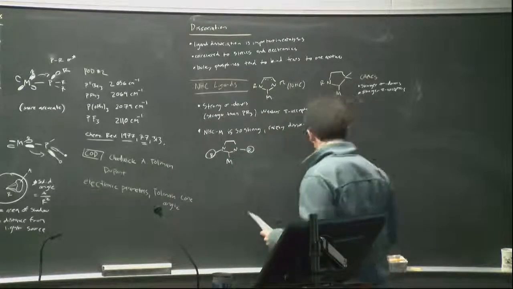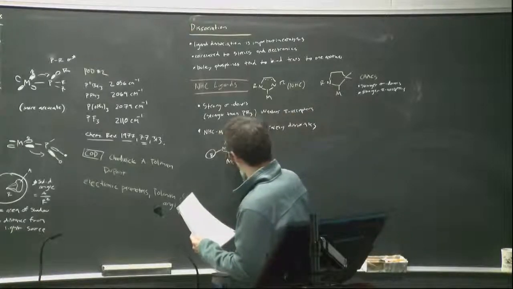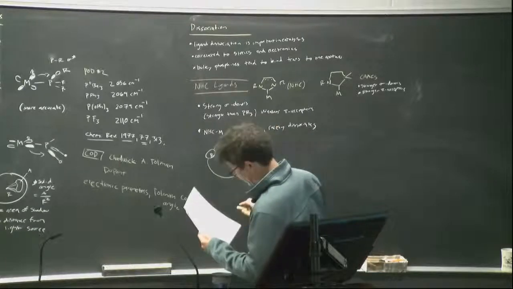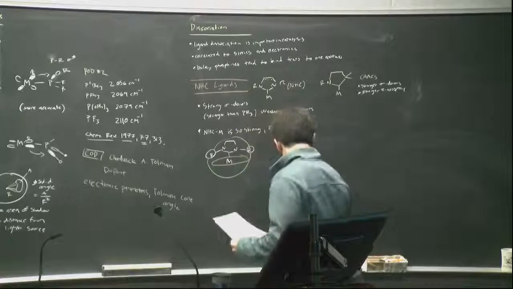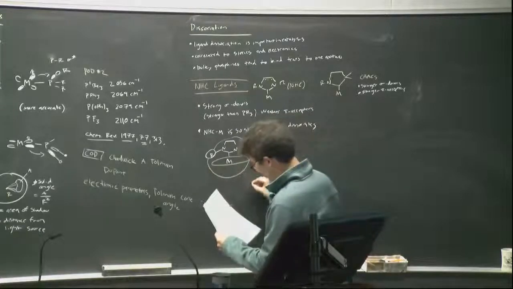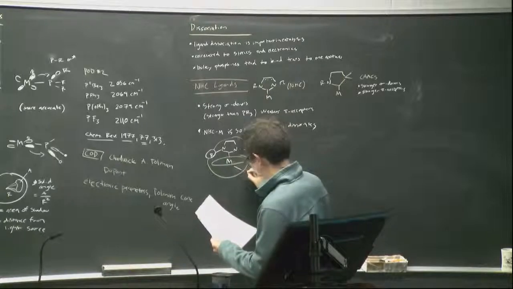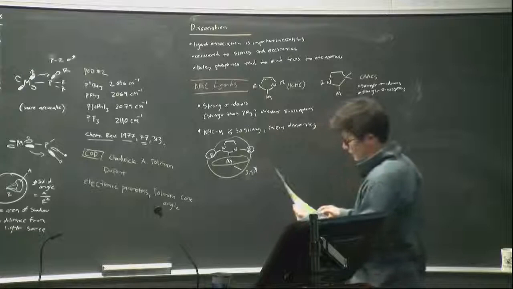And this is called the percent buried volume. This considers the metal as the center of the sphere, where the radius of the sphere is something like 3.5 angstroms, roughly, and then just calculates the amount of volume.